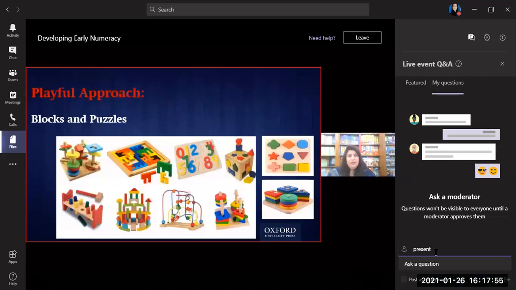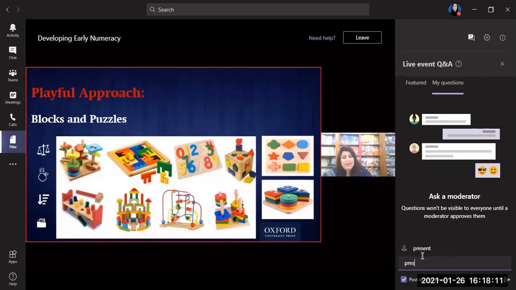Okay, blocks and puzzles. Now, this is very, very interesting that if we use all these manipulatives, then gradually children are able to make a connection of shapes, colors, and numbers. So the playful approach is the most effective mathematical instruction that occurs when people work with children.